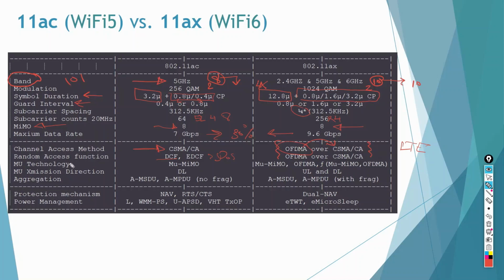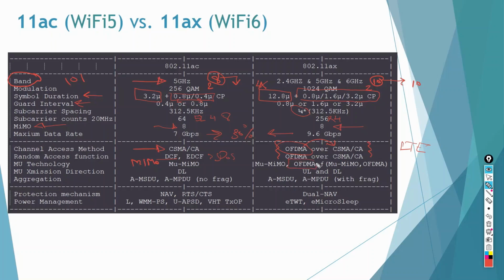In terms of multi-user technologies, in 11AC we use multi-user MIMO. In 11N, we use MIMO. Whereas in 11AX, we also use MU-MIMO.